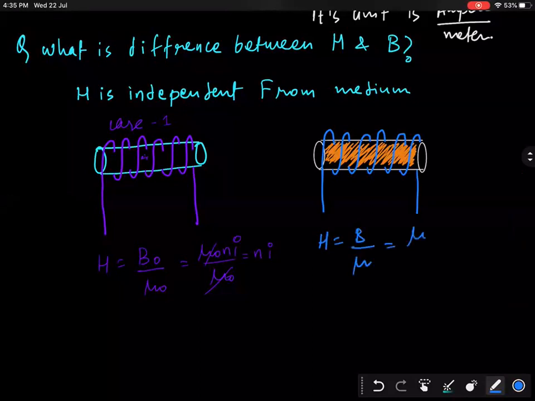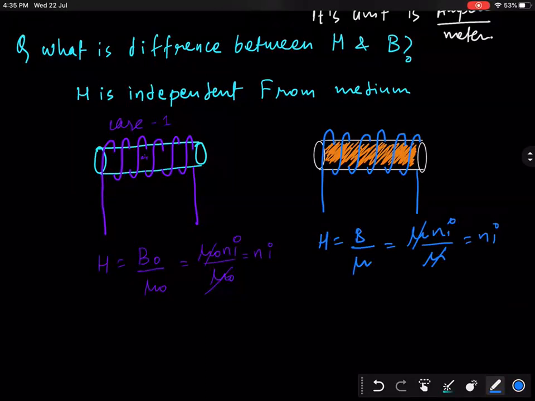B by mu, mu Ni divided by mu, and again you get Ni. Do you understand that? Remember when to use mu naught and when to use mu.